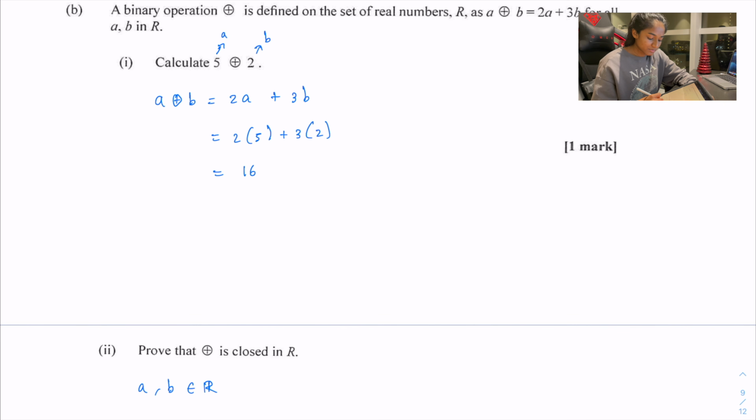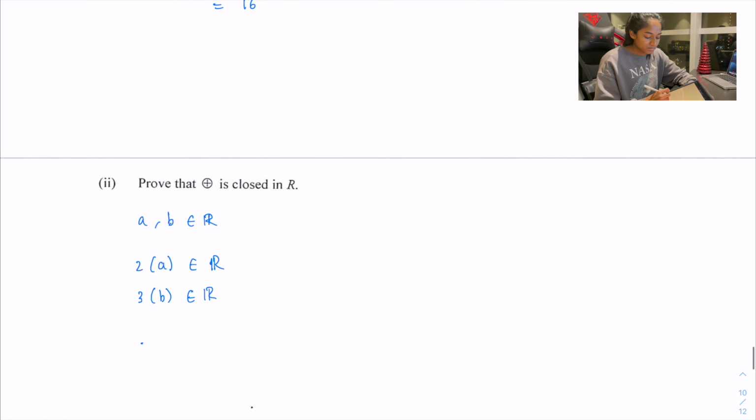Same goes for 3B would be real. And hence 2A plus 3B would be an element of the real numbers as well. So hence, you say the cross operation is closed in R, the real numbers.